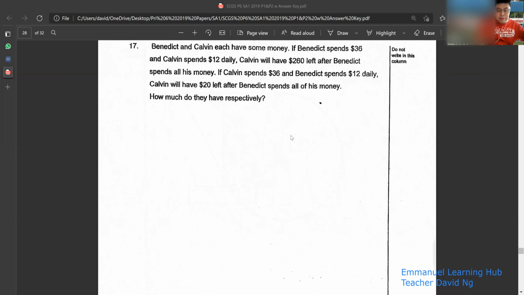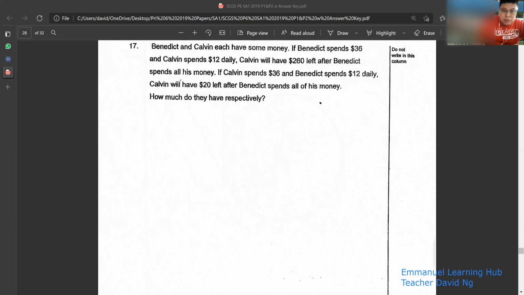It says that Benedict and Calvin each have some money. You're not sure how much. But if Benedict spends $36 daily and Calvin spends $12 daily, Calvin will have $260 left after Benedict spends all his money.